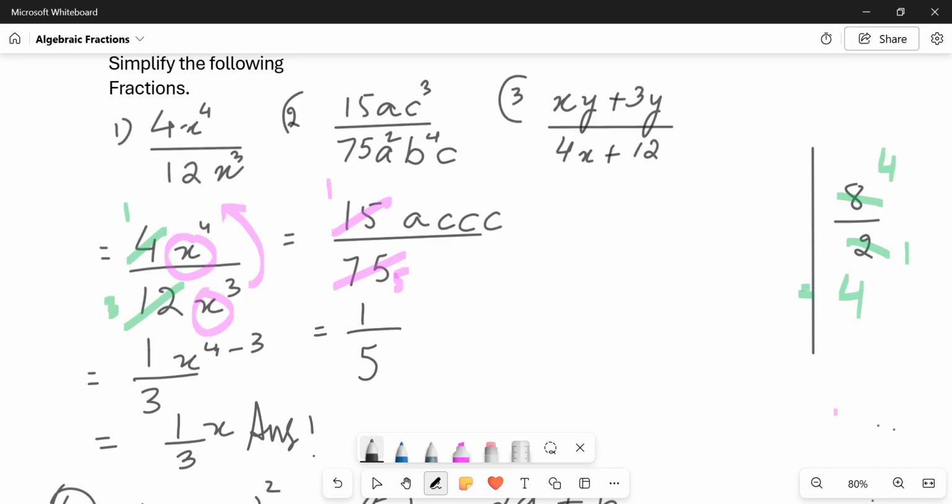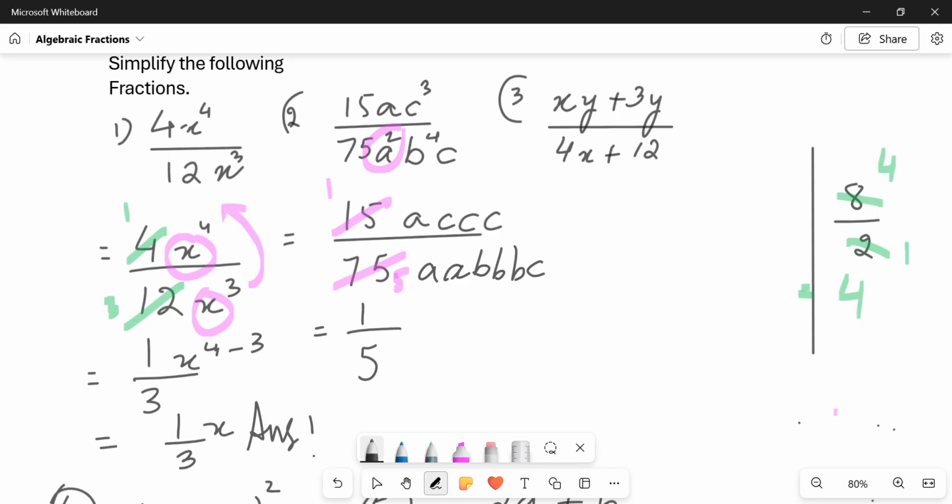Now a here 2 times, so open this a 2 times. And b how many times? 4 times. And c is only 1 time, right? And what is the sign between the variables? You know what the sign is here, right?